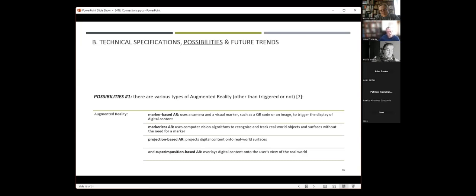We'll be able to animate or put a layer of images in front of a photo that is normal to trigger the display of digital content.